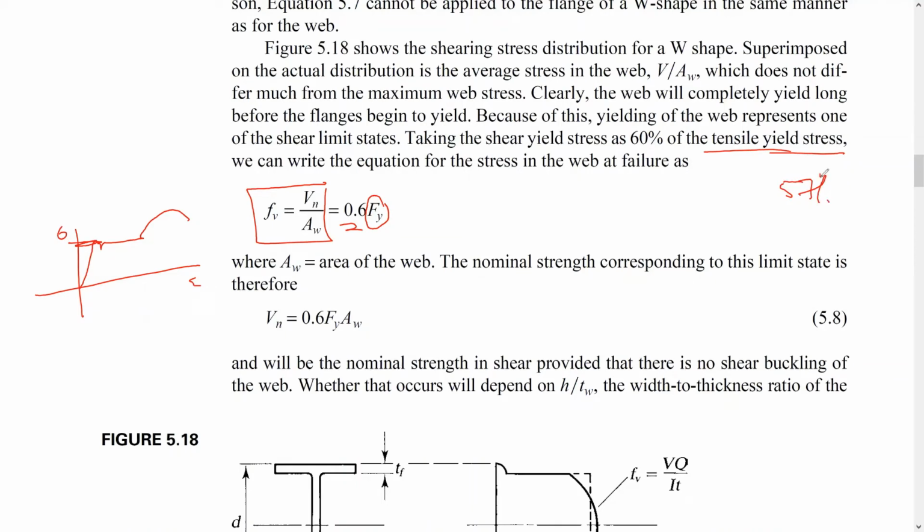And the nominal strength for this one, this is the stress, and the strength here is going to be this much times this much. It is a cross product. So here is the nominal strength corresponding to this limit, which is 0.6 times yield stress times the area of the web. This is the area of the web.